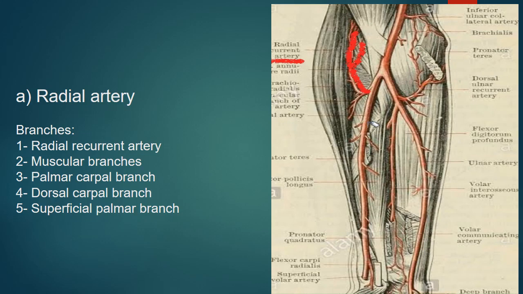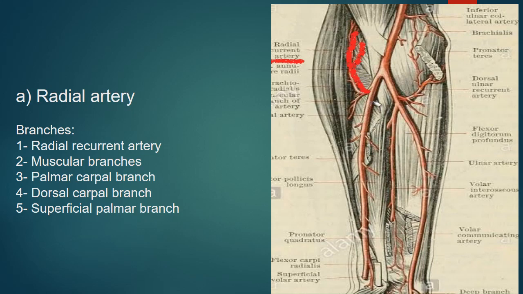This radial collateral artery lies in front of the lateral epicondyle of humerus and it anastomoses with this branch of radial artery. We'll talk about the anastomosis of elbow joint in detail in a while. For now, just remember this radial recurrent artery takes part in anastomosis around the elbow joint.